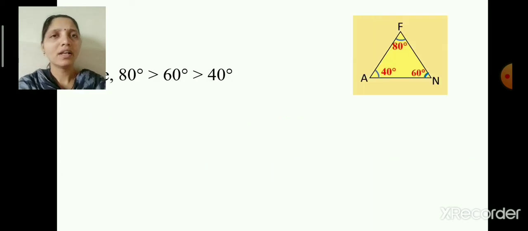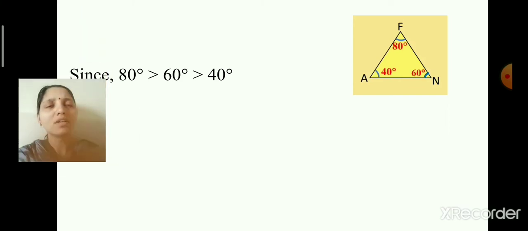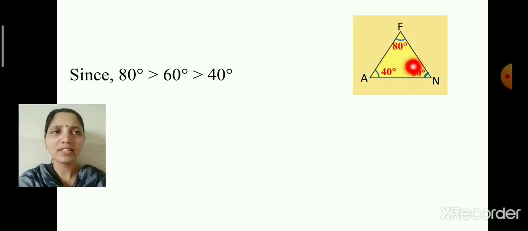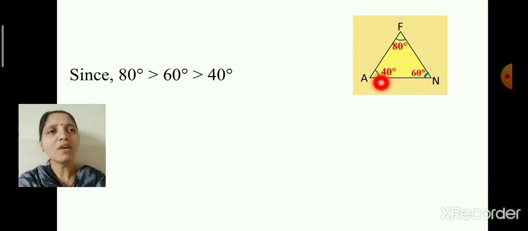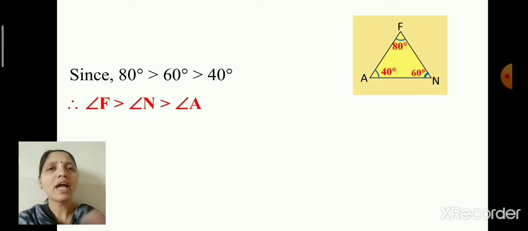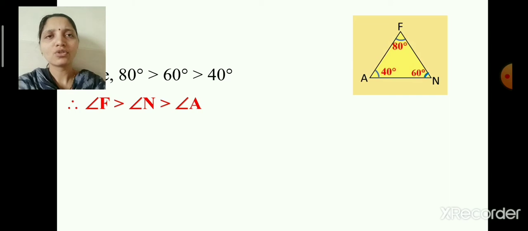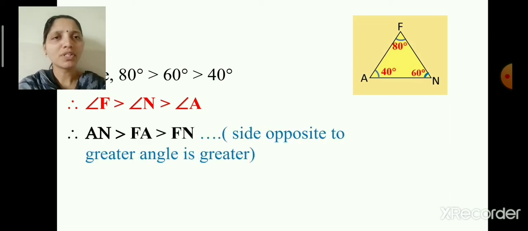Yes. Now, since we know that 80 degrees is greater than 60 degrees is greater than 40 degrees, now we have to find the side opposite to all these angles. Therefore, angle F is greater than angle N is greater than angle A. So let's now find out the opposite sides here.